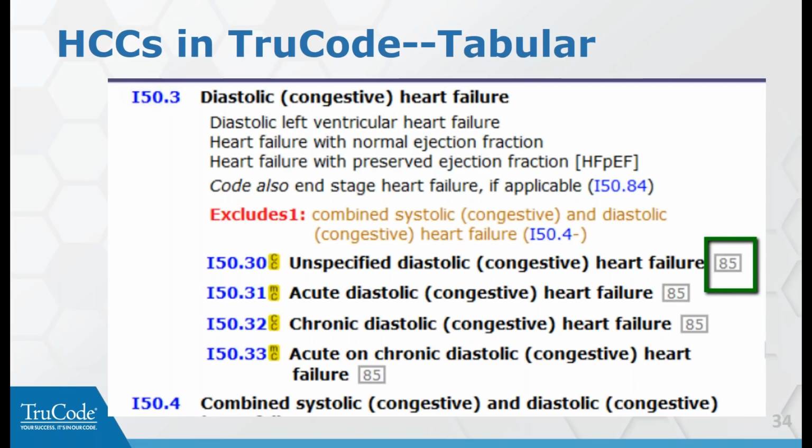In TruCode, they came out in April with a new addition to the encoder, which is a wonderful addition from my perspective, and they have included the HCCs, the codes that map to HCCs, and in the tabular, this is what it looks like in the encoder. You see out in that box to the right there in the green, the HCC that it groups to, and you can see that all those CHF codes group to that same HCC.